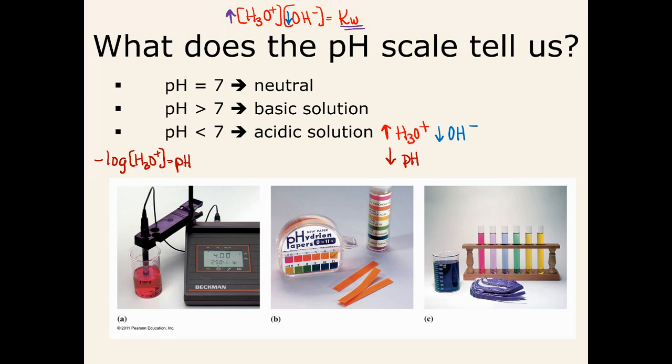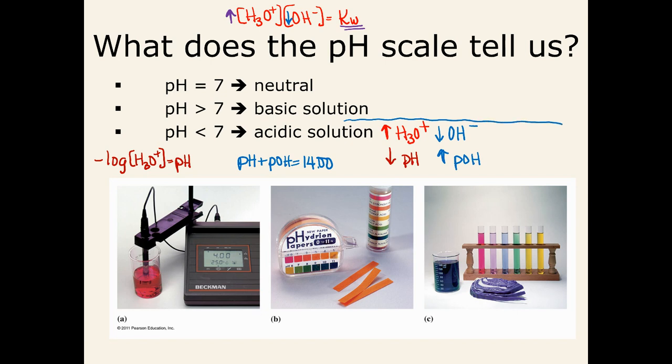So in an acidic solution, the pH goes down. The hydroxide concentration goes down, but the pOH goes up. And remember, those will always add up to 14. So that's in an acidic solution.